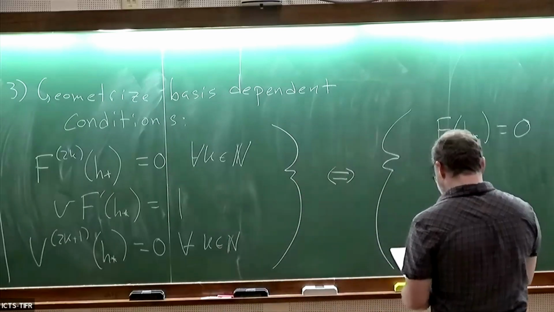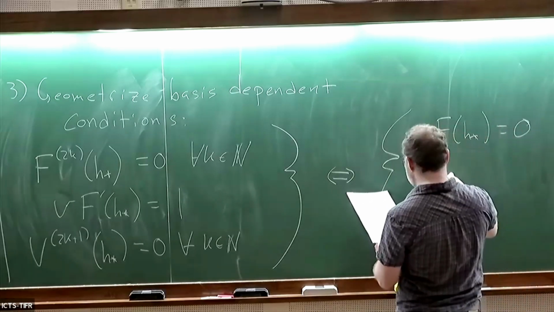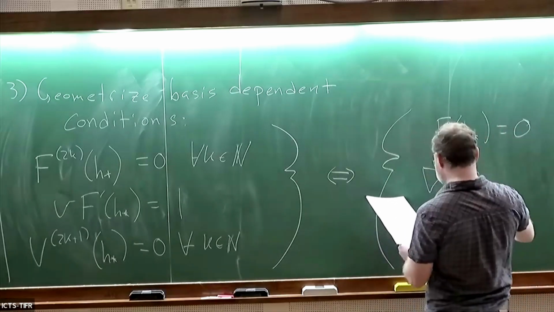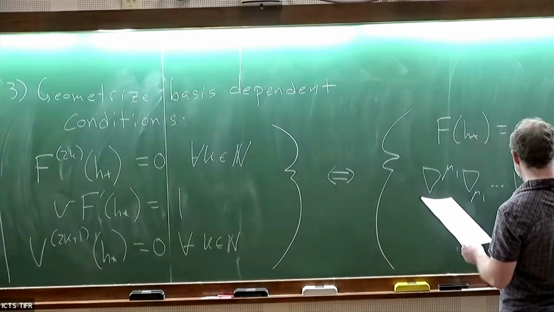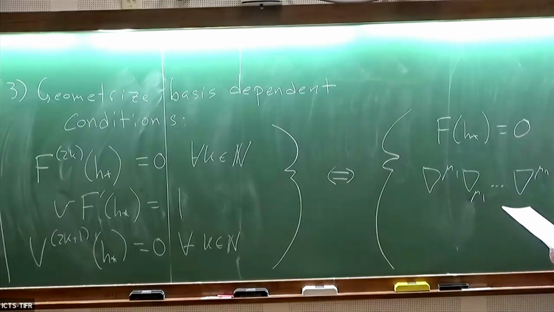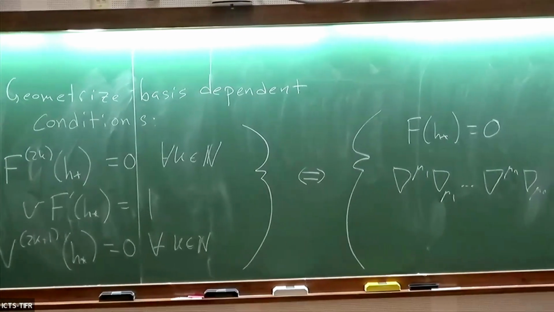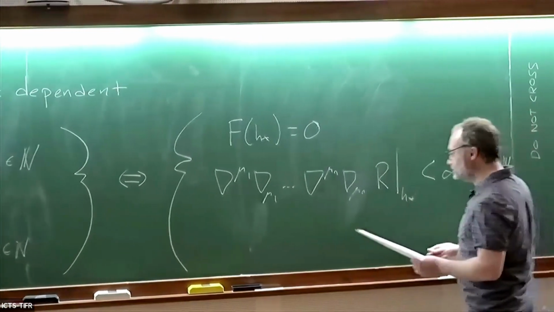And it turns out that corresponds to requiring the covariant derivatives in field space of the Ricci scalar, evaluated at H star, to be finite for all n in the natural numbers. That's effectively the condition on f.